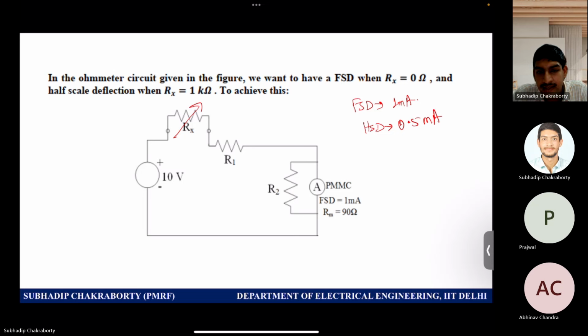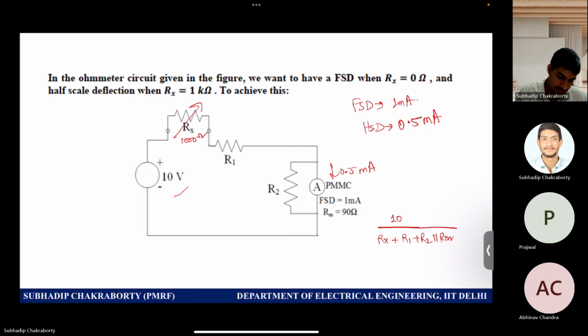Yes, sir. Now that much you know, but it should give 0.5 milliampere only when this resistance is 1000 ohm. So that is one equation. So how can you model that equation? If this is 10 volts, so 10 divided by Rx plus R1 plus R2 parallel Rm.